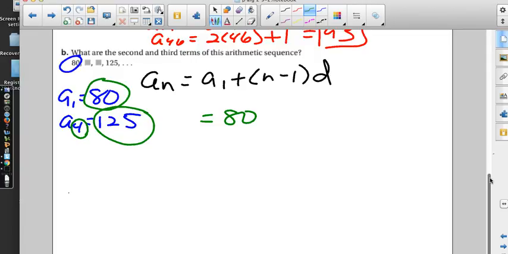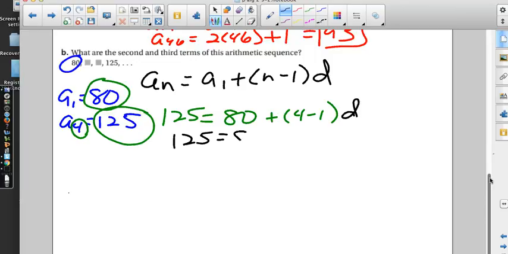N. And then the 125. Jordan, where are we putting the 125? And of course that leaves us with little d, which is what we wanted to find, because we wanted to know what are they adding every time.